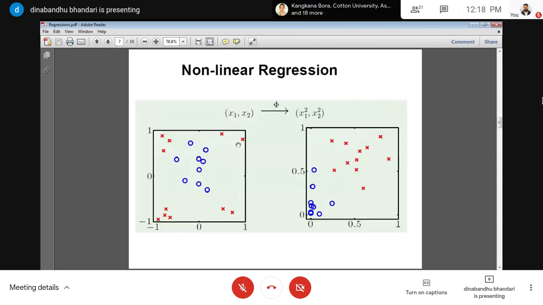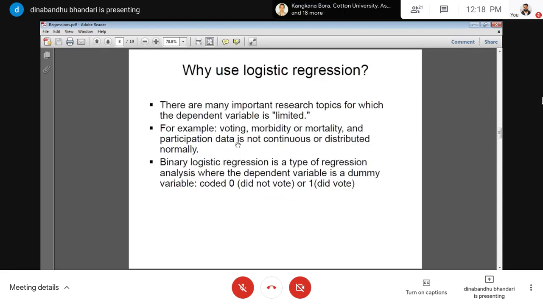I mean, in nonlinear, what I could understand is that the problem is to move from the nonlinear to the linear space, so that any linear boundary can be used to separate the data. Am I right? That is for the classification. So now in that mapping, is there any chance of loss of information?